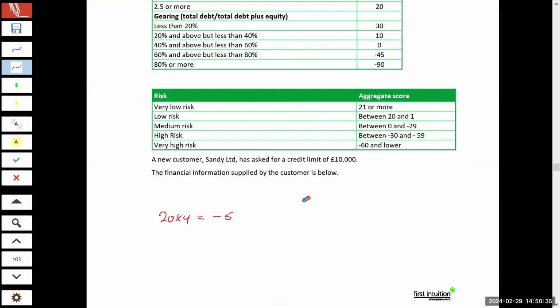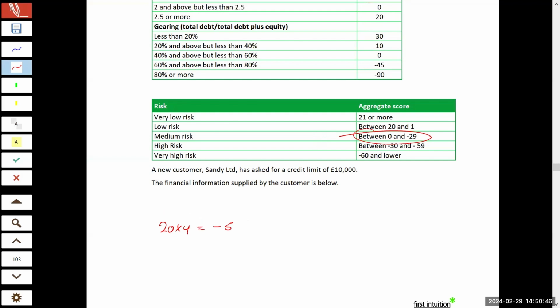Now, as I'm looking at this, it says anything between 0 and -29 is defined as medium risk. So we can say that in this year, it's a medium risk. And in 20X3, we have a score of 5, which puts it in the bracket of low risk.